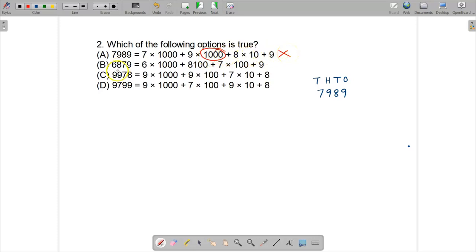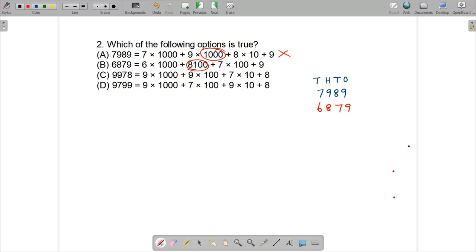Then coming to the second option, 6879. 6 is multiplied by 1000. Yes, it is correct. Then 8 is multiplied by 100.